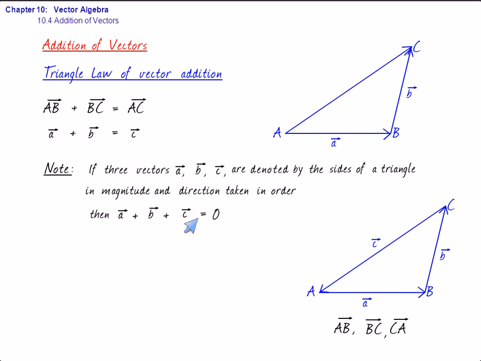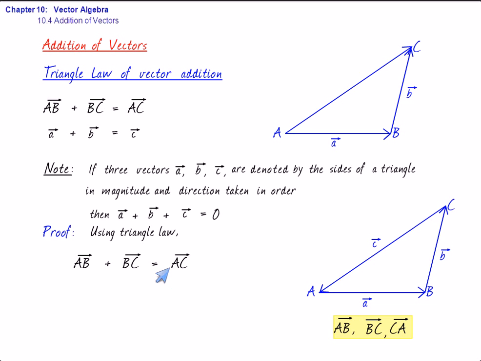Take the proof of this. I repeat the statement that if three vectors A, B, C are represented by the sides of a triangle in magnitude and direction taken in order in the same cycle, then their vector sum is 0. How do you justify it? Using the triangle law, AB plus BC will be equal to AC.